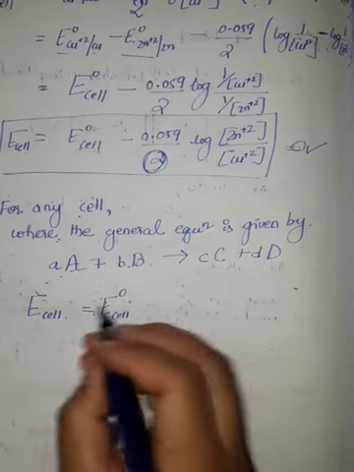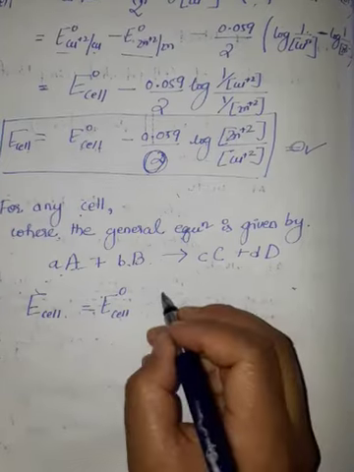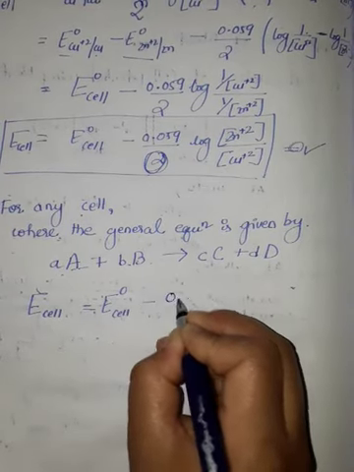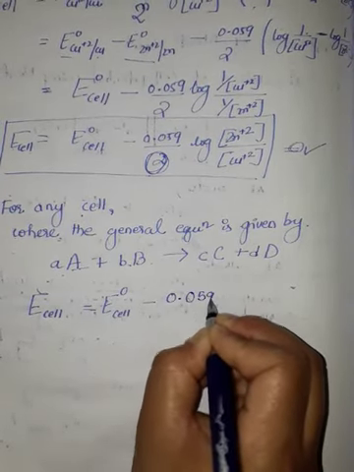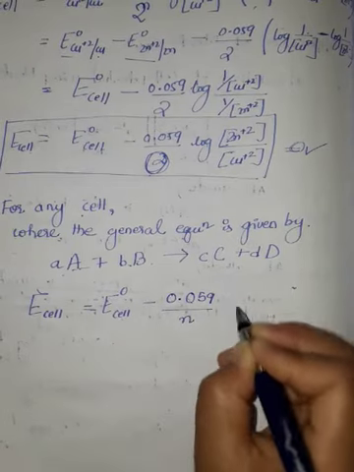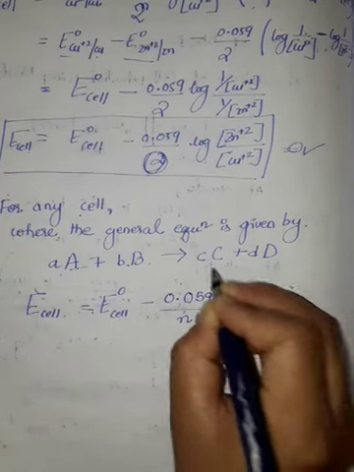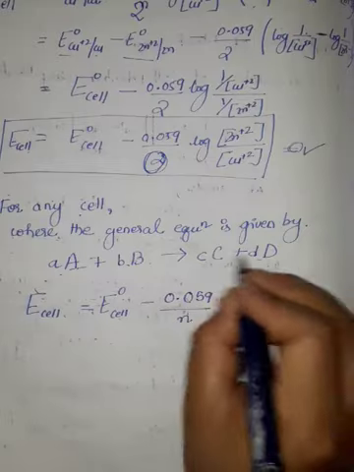So for this cell, how can we write E cell? It is equal to E naught cell minus 0.059 divided by n log of the concentration at the right side.